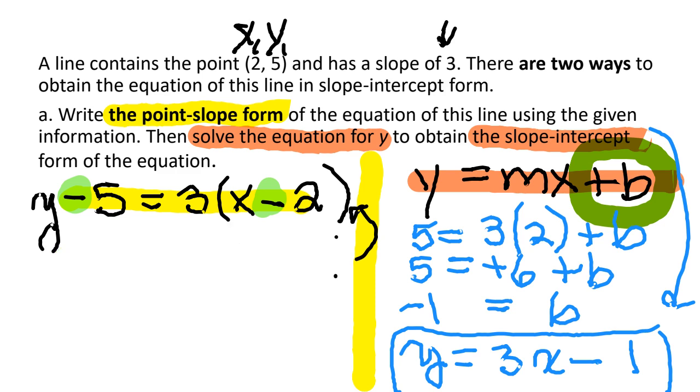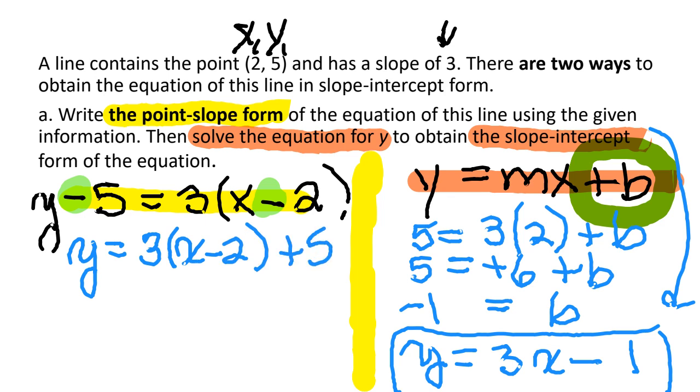Now, if you'll notice, these two equations at the moment do not look the same. But watch what I do. I am going to add 5, which gives me y is equal to 3 parentheses x minus 2 plus 5.